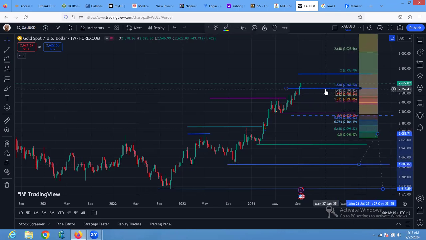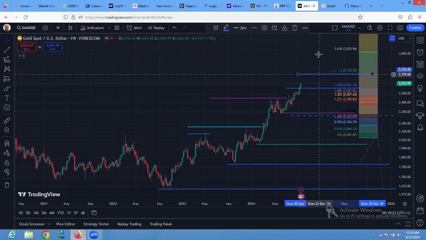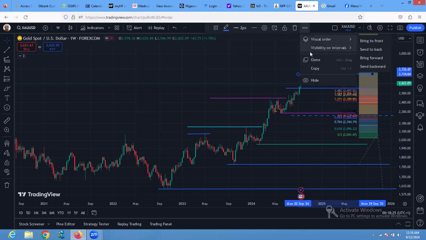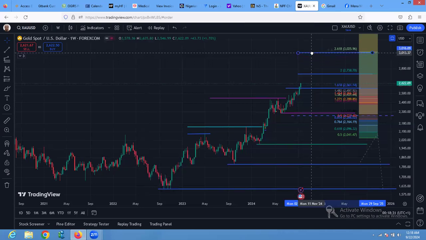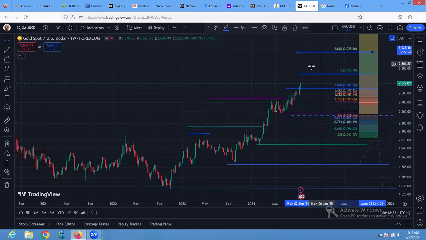So this is 161.8. This is where a 2 is, and this is where 261.8 can get to. So on gold, you need to be careful selling. But again, we need to also be looking at what the XY is trying to do. So are we going to get reactions around 27?